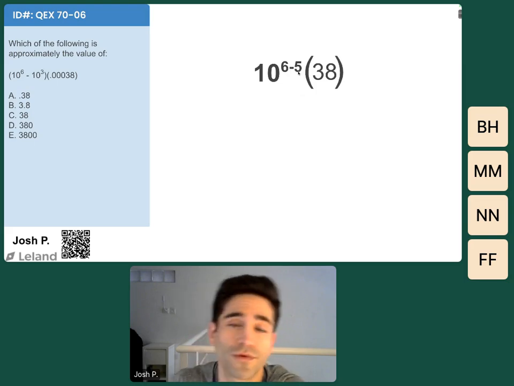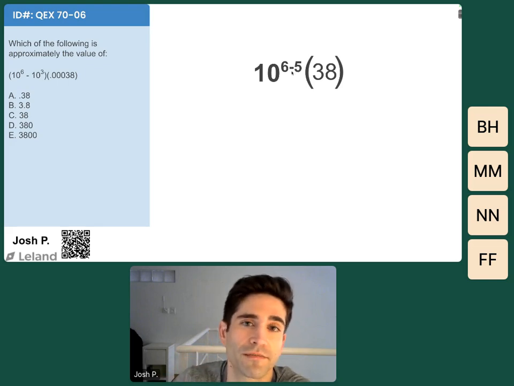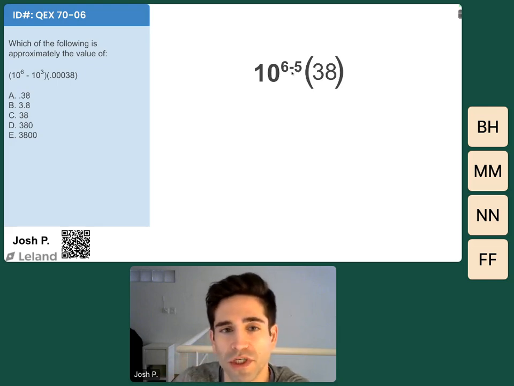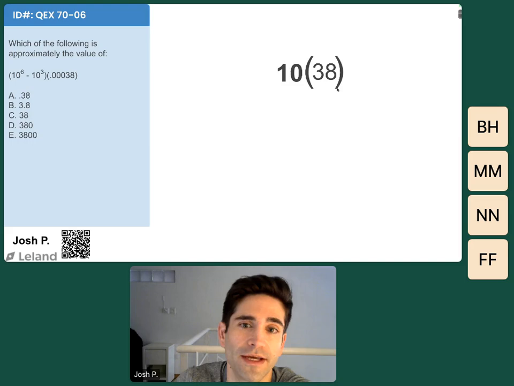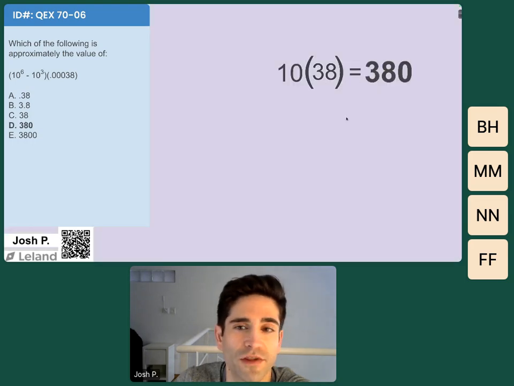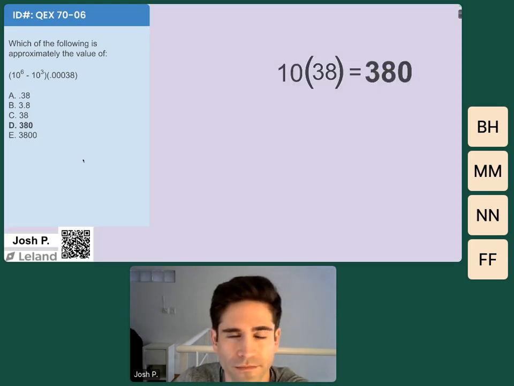And using exponent rules, we basically add them. So we have 6 plus negative 5, which is equivalent to 6 minus 5. And we're left with 10 times 38, which gives us 380.